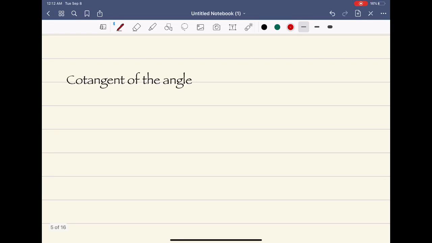At the end, we know that tan of angle B equals opposite over adjacent.